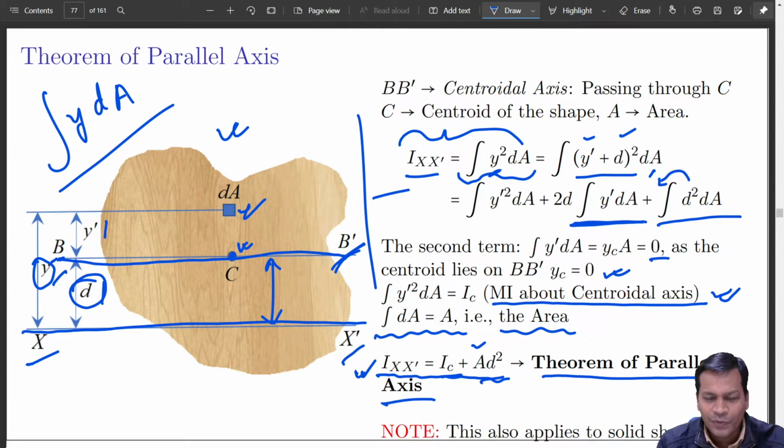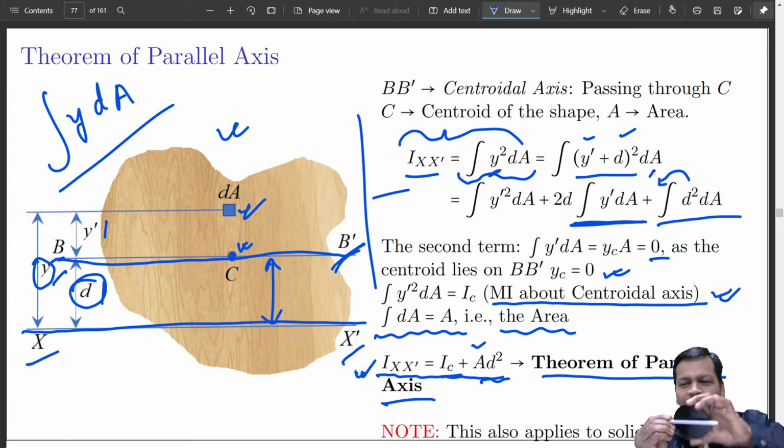But if your moment is to be taken about the axis that passes through the centroid of that shape, then there will be no moment at all, and that means it will be stable at any location, any orientation. Is it not?